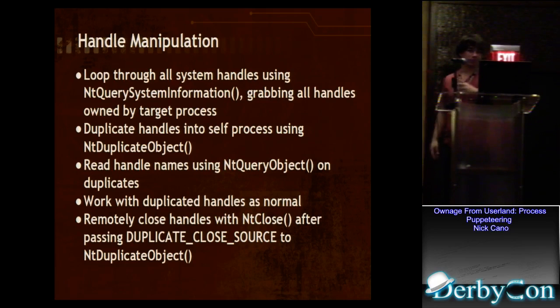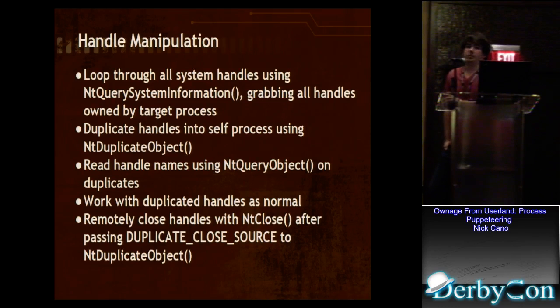So the first step, we're just going to loop through all of the system handles using NtQuerySystemInformation. We're going to grab all the handles owned by the target process and add them to a vector. We're then going to duplicate all the handles initially into our process using NtDuplicateObject.